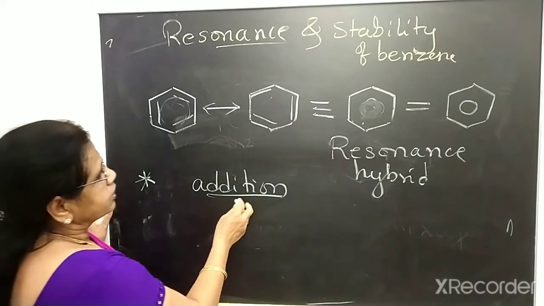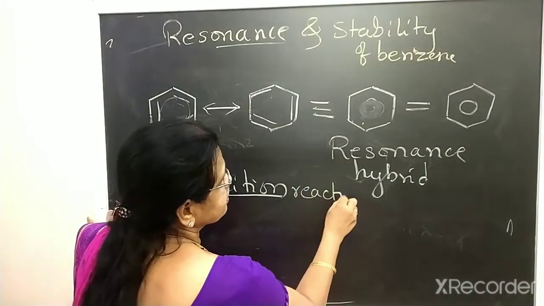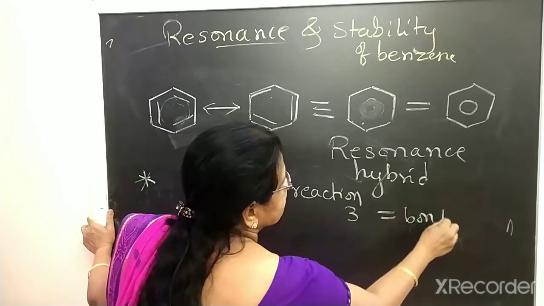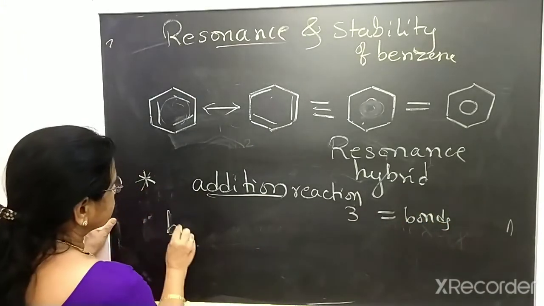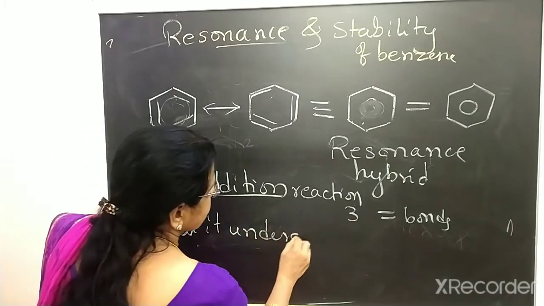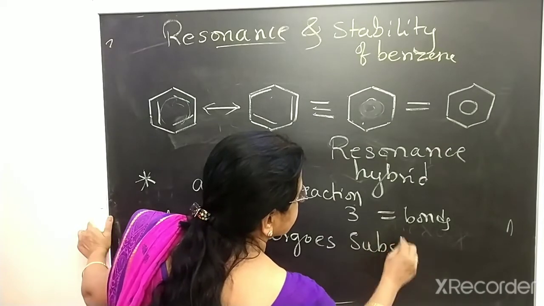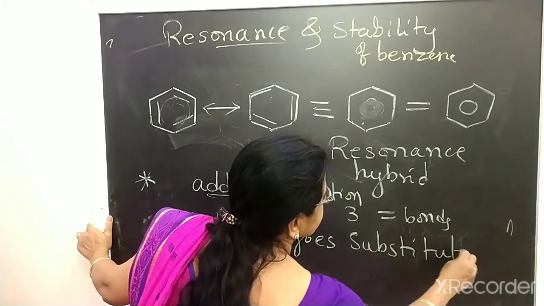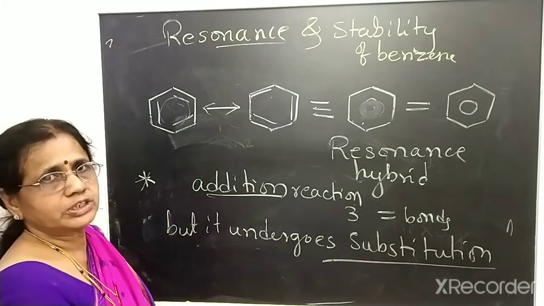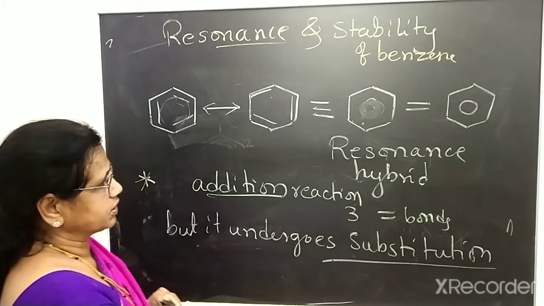So benzene should undergo addition reactions as it contains 3 carbon-carbon double bonds, but it undergoes substitution reactions. Substitution reactions are the characteristic reactions of saturated compounds, but it undergoes substitution reactions.